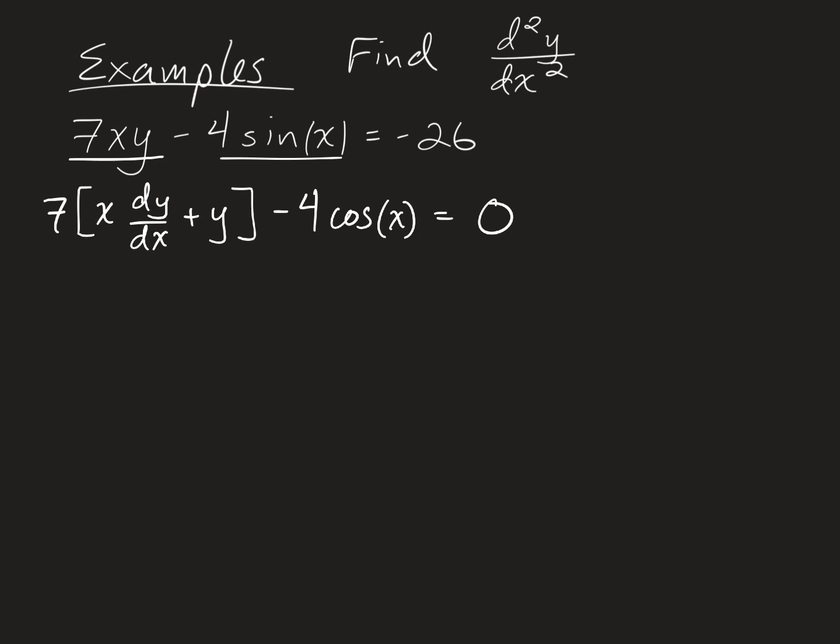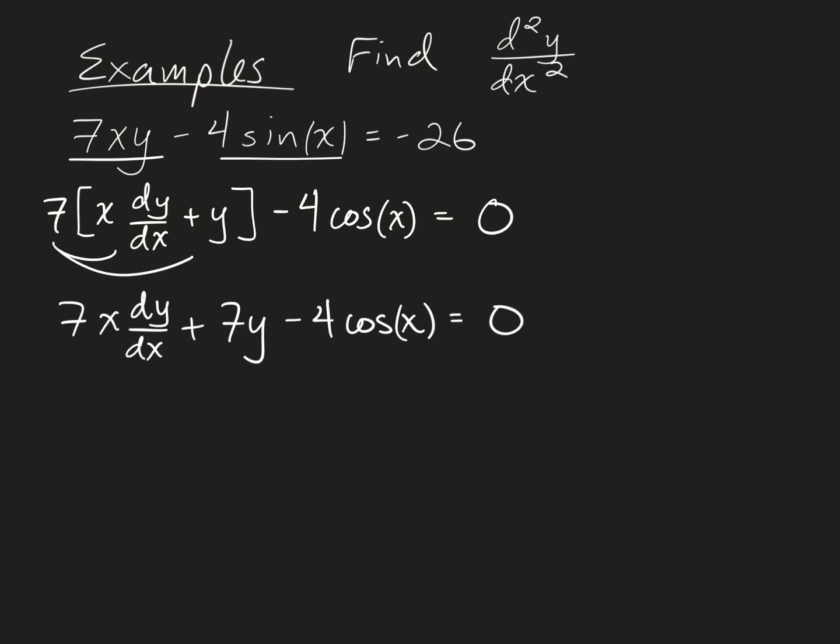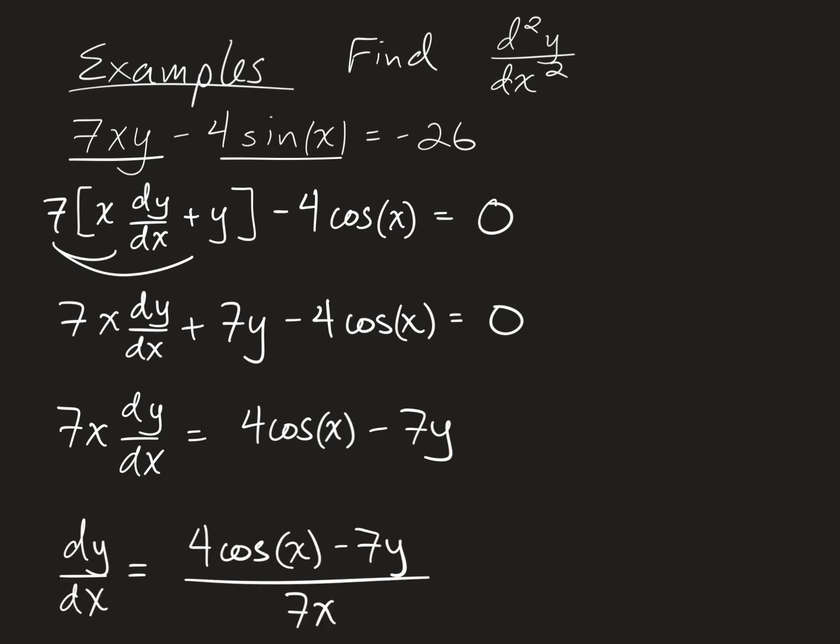From here, we can just distribute the 7. We can then move all the terms without dy dx to the other side of the equation, and then divide by anything that is not dy dx. So we'll divide by 7x. First derivative complete.